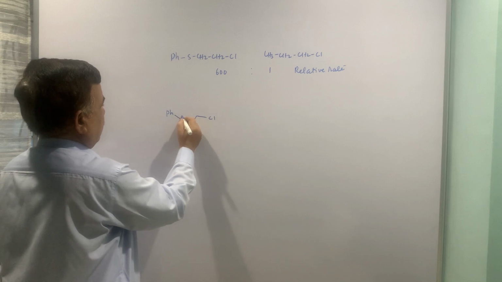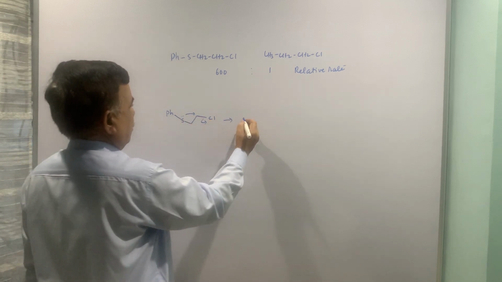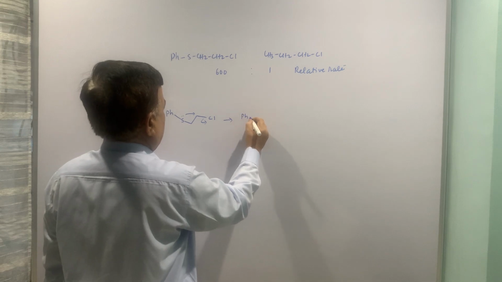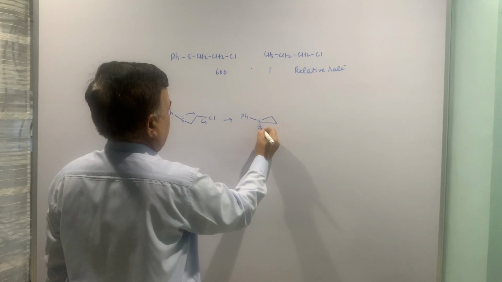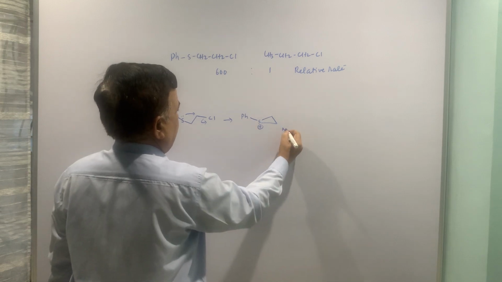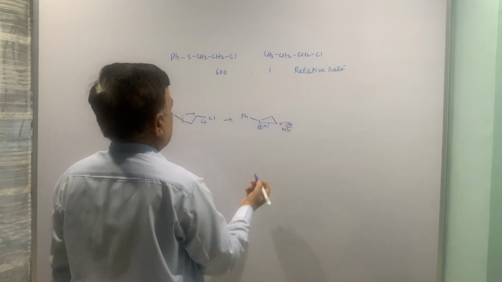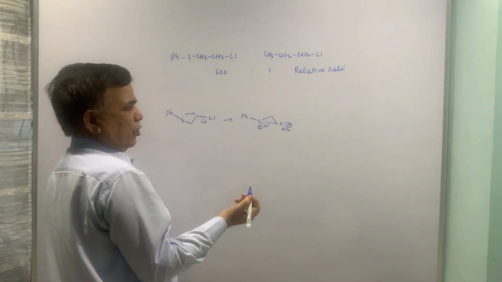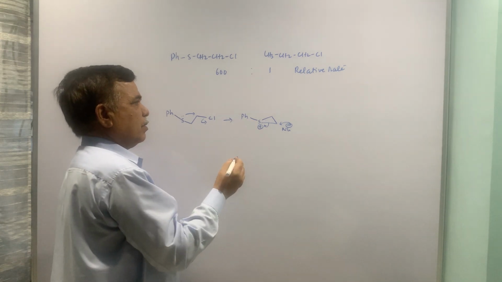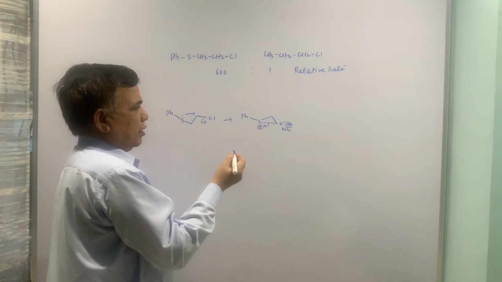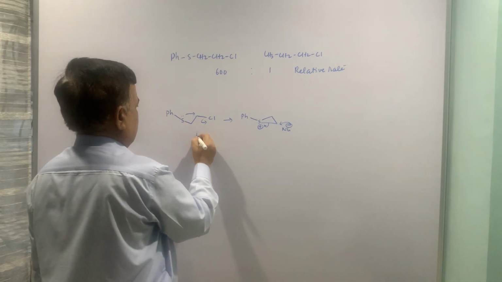Okay, and then your nucleophile may attack here. So open up. Nucleophile, if it is water, it will be called hydrolysis. If it is other solvent, then it will be solvolysis in general. So this is NGP.